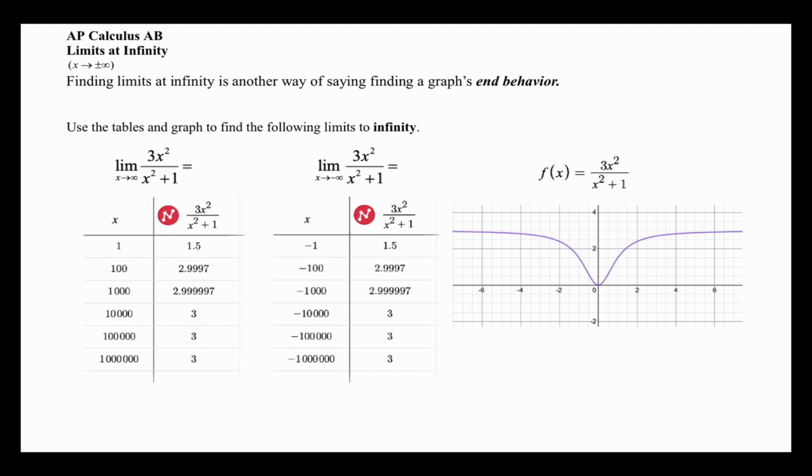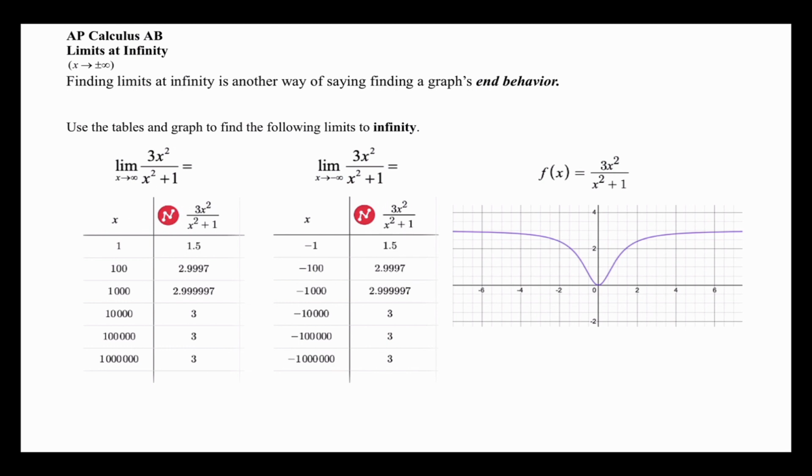So the first table is x approaches infinity. What do you notice about the x values on my table? They're getting bigger, right? They start at 1, then they go to 100, then 1,000, 10,000, 100,000, a million.